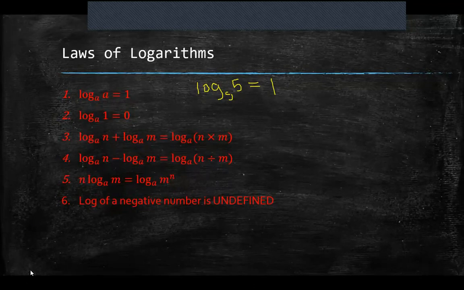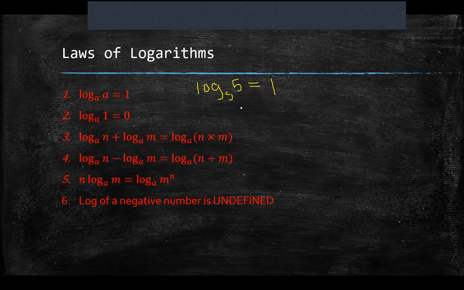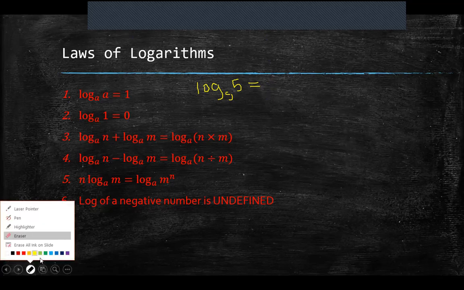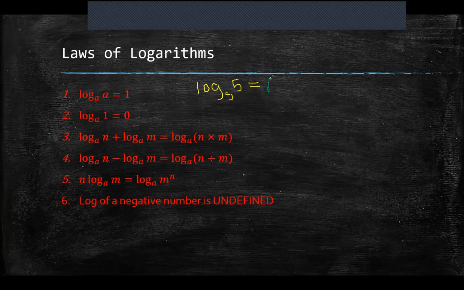So maybe you're wondering, where did they get that law from? I don't understand. How is log of a to the base a equal to 1? Remember, it's not just about learning it off for learning it off's sake, right? You need to understand why something works. Say I didn't know this number here, right? I'm trying to find what this number is, just like we were doing just now. Remember, log form can be written in exponential form.